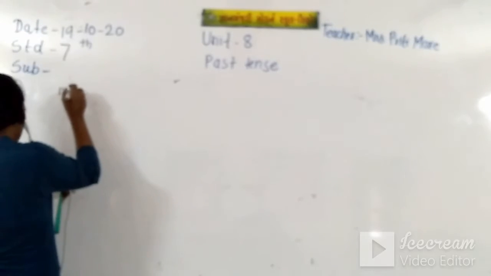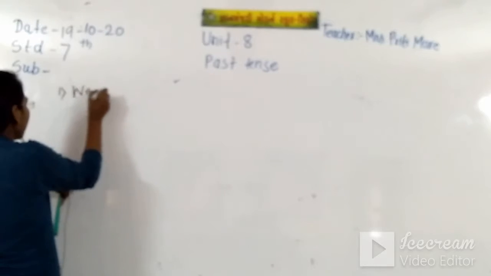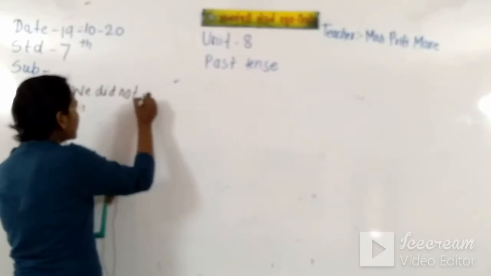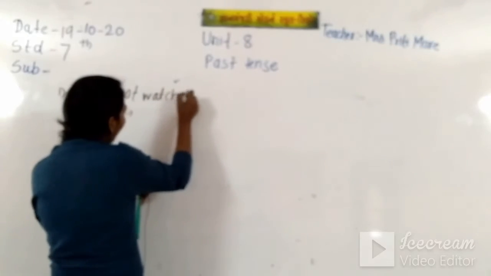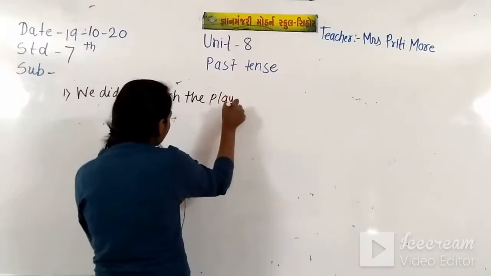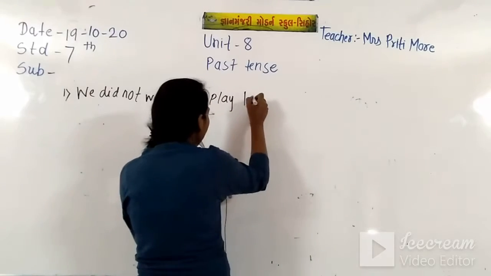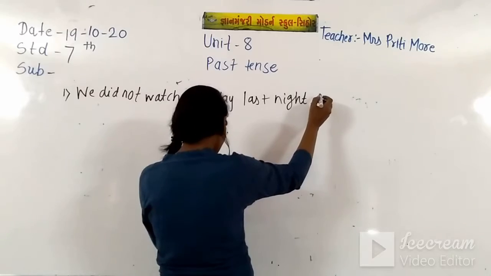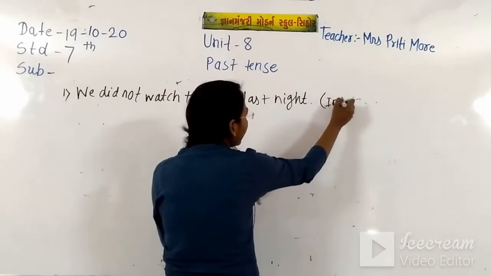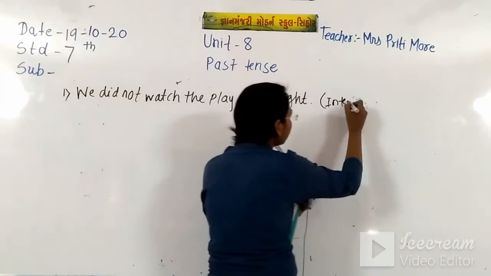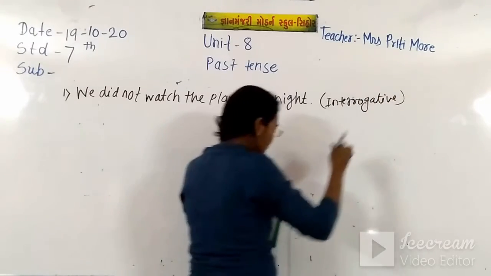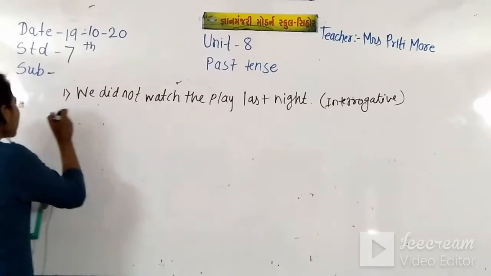Now the first sentence. We did not watch the play last night. We have to make it interrogative. Interrogative means we have to make a question of this sentence.